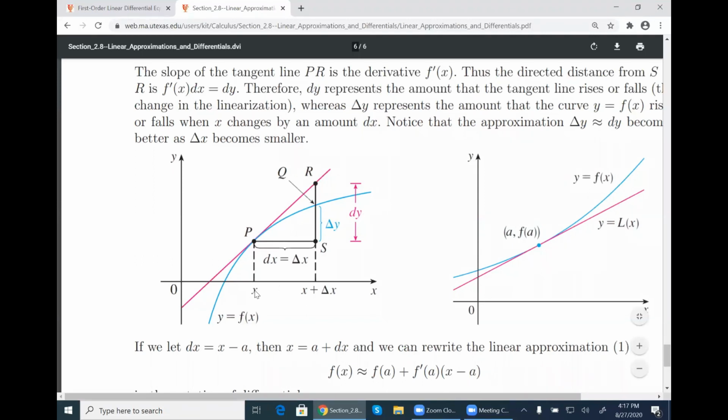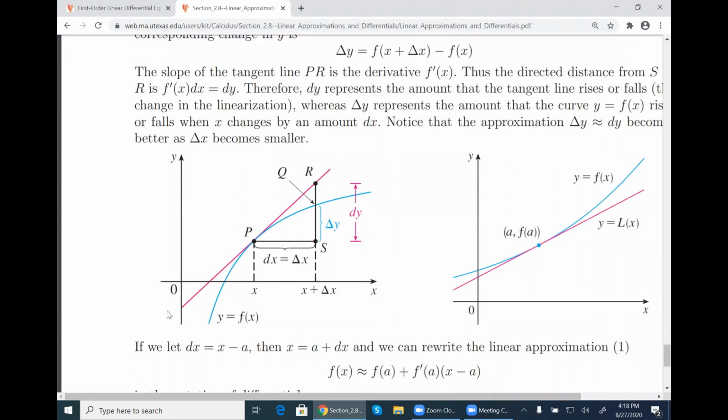Pick some point x, go from this point up to the curve, and construct the tangent line. After that, consider a new point, x plus delta x. Note that according to what is written here, delta x and dx is the same thing.